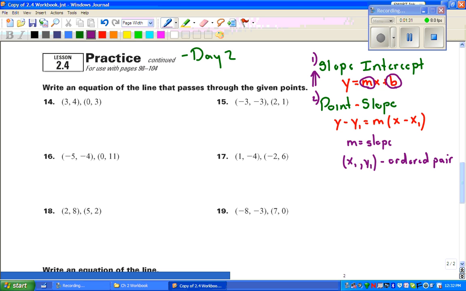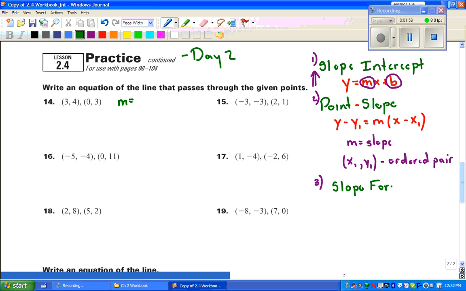For the first one here, it says write the equation of the line with the given points. In this one, we're given 2 points, but we do not know what my slope is. We have no clue what my slope is. So we're going to have to use my slope formula. Number 3 here is the slope formula, which I taught you guys 2 days ago.